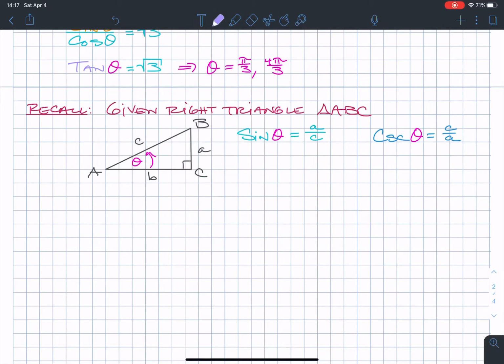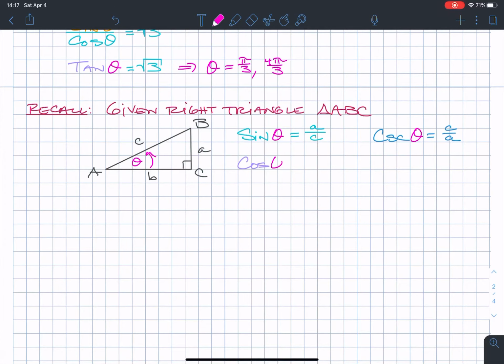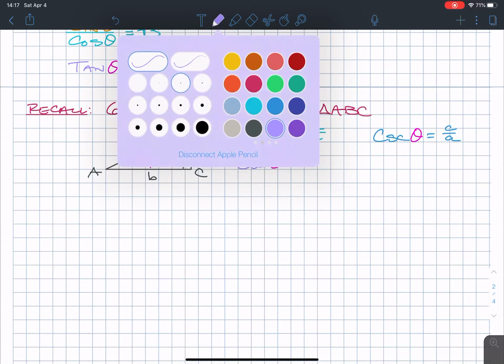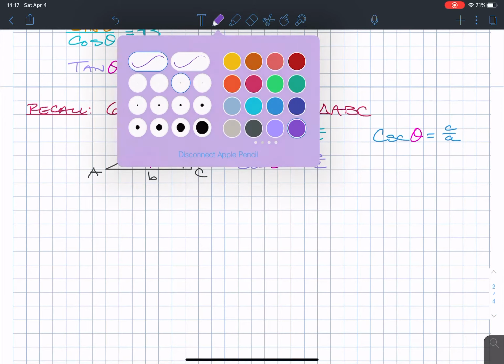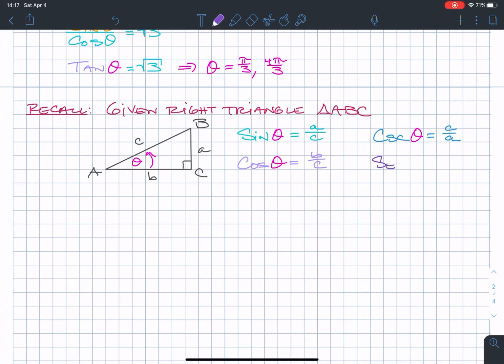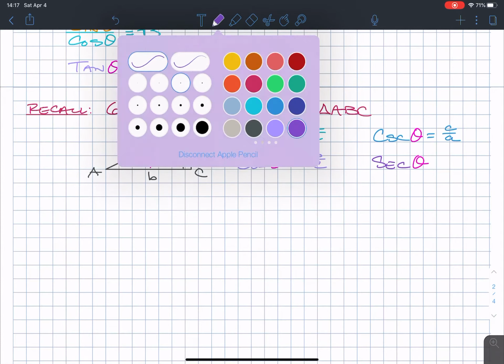We have that cosine of angle theta is going to be adjacent side B over the hypotenuse C, which means that secant, the reciprocal, secant of theta will be hypotenuse C over adjacent B.